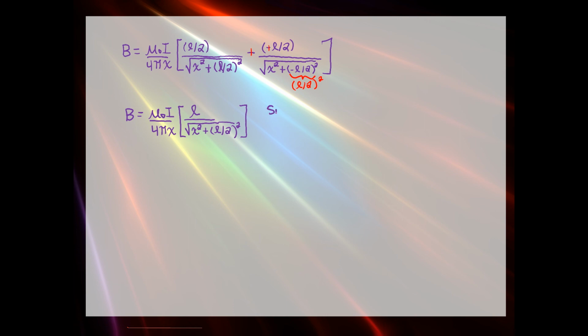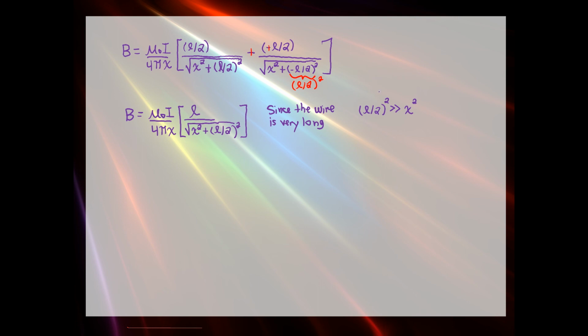So since the wire is very long, we can compare what's going on in the denominator. This would mean that L over 2 squared would be way bigger than x squared. The length of the wire you can think of as infinite.